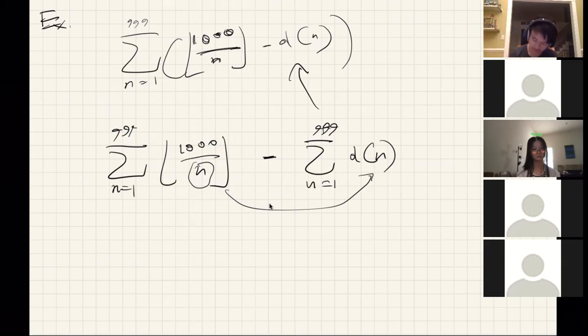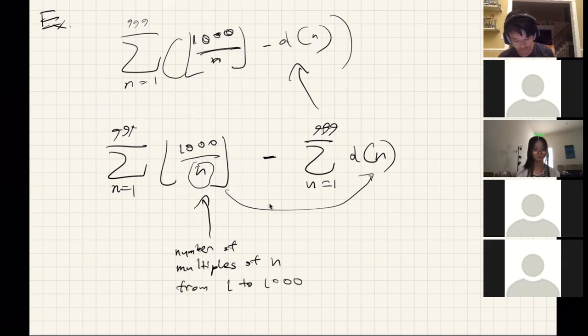This summand is actually the number of multiples of n from 1 to 1000.